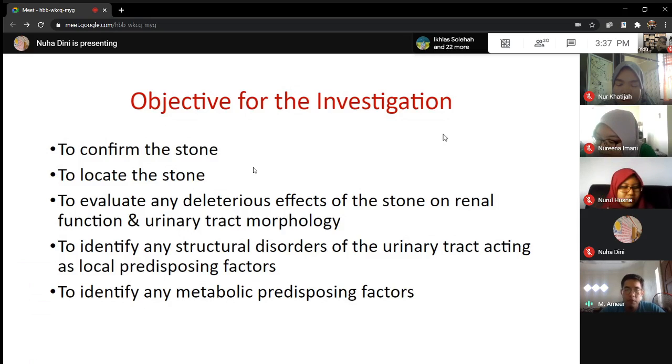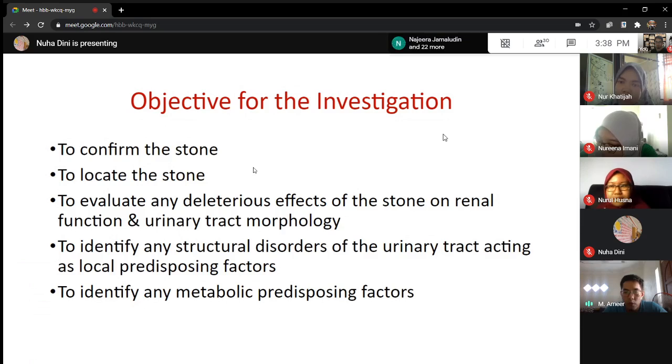The first one is we want to confirm the presence of the stone. Next, we want to locate the position of the stone. Also, we want to evaluate if there's any effect of the stone on the renal function and the morphology of the urinary tract.